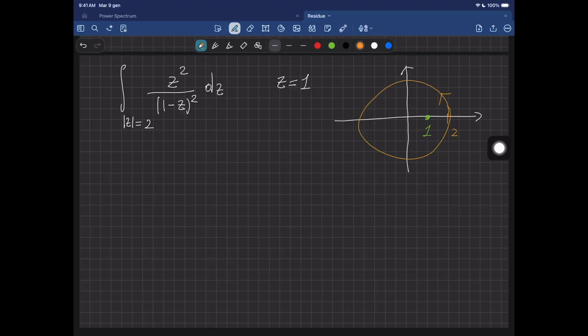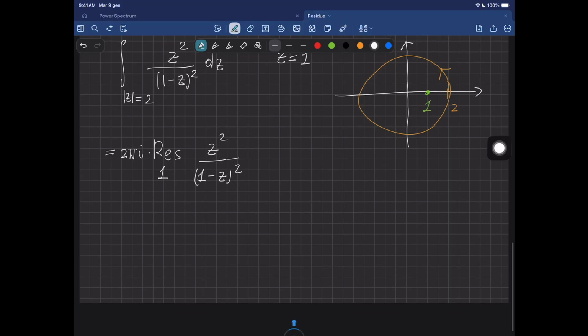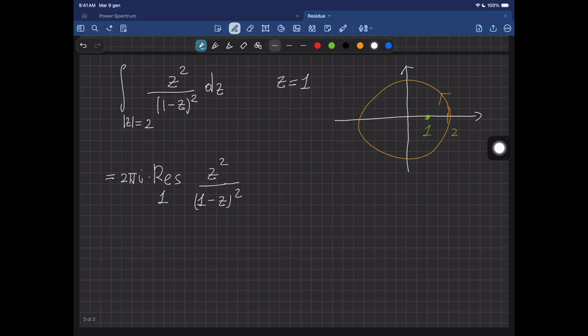Okay, this tells us that using the residue theorem, this integral is going to be equal to 2πi times the residue at z = 1 of the function z² over (1 − z)². Okay, and now how do I compute this residue? Well, in this case, it's a pole of order 2, so I have to use the general formula.